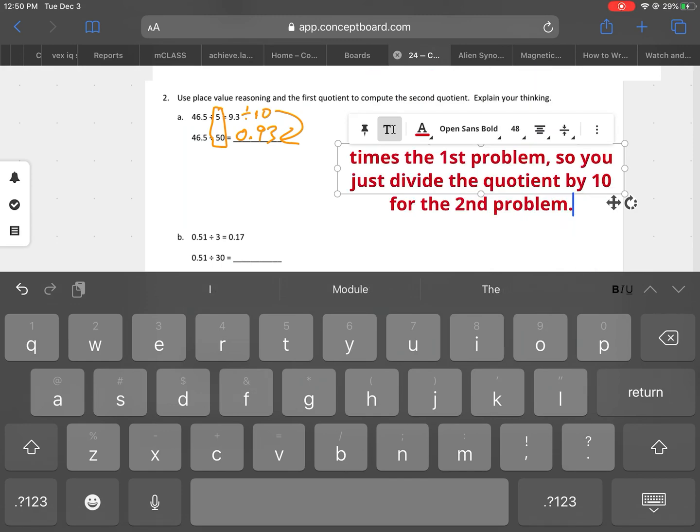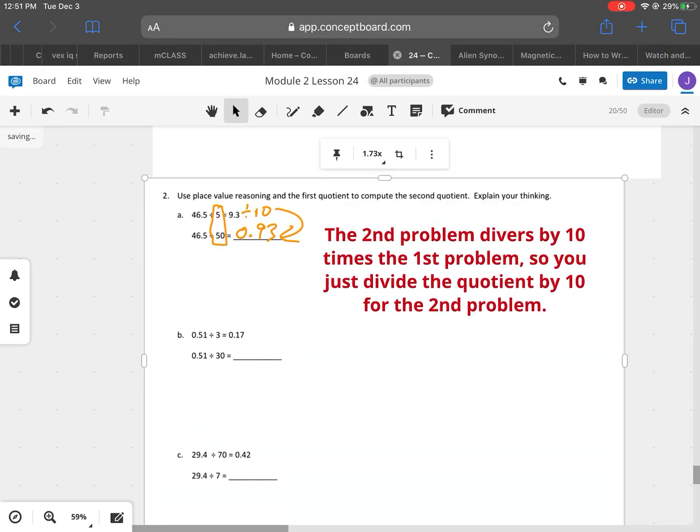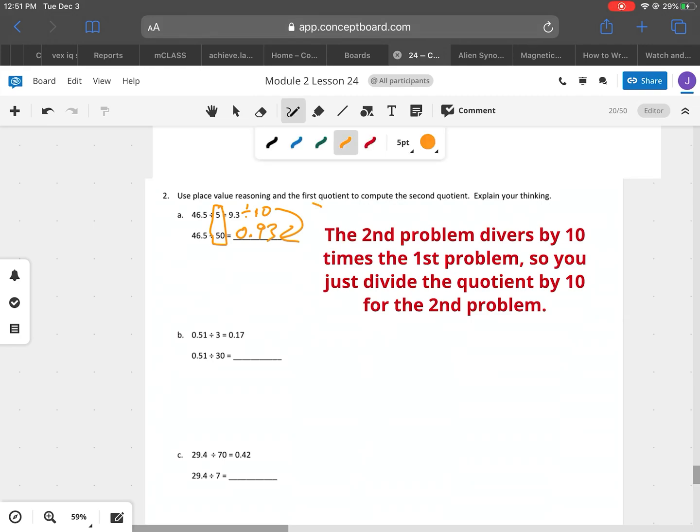So that's the way I would do it in words. I kind of showed you in terms of numbers.